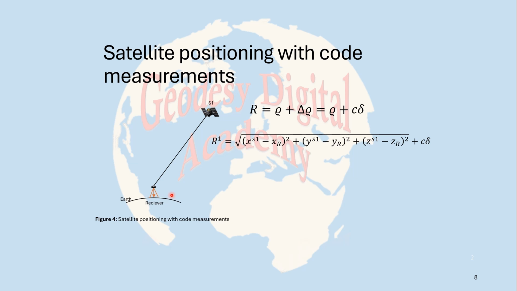This is why it is called code measurement, because the receiver, by measuring its own code and the satellite code, recognizes the time. This is why we call it code measurement.